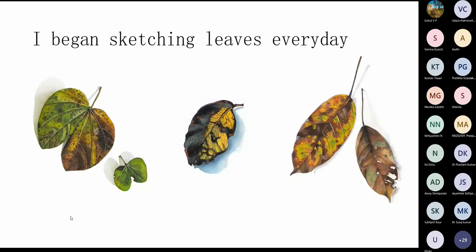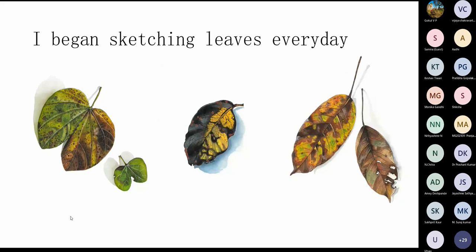The idea of sketching leaves came to me because I thought leaves are easily accessible and very abundantly available in the forest. Since I didn't have any photos or internet to refer to for a bird or an animal, I thought I'd sketch from life, and that's why I started getting one leaf every day and making a sketch of the plant.